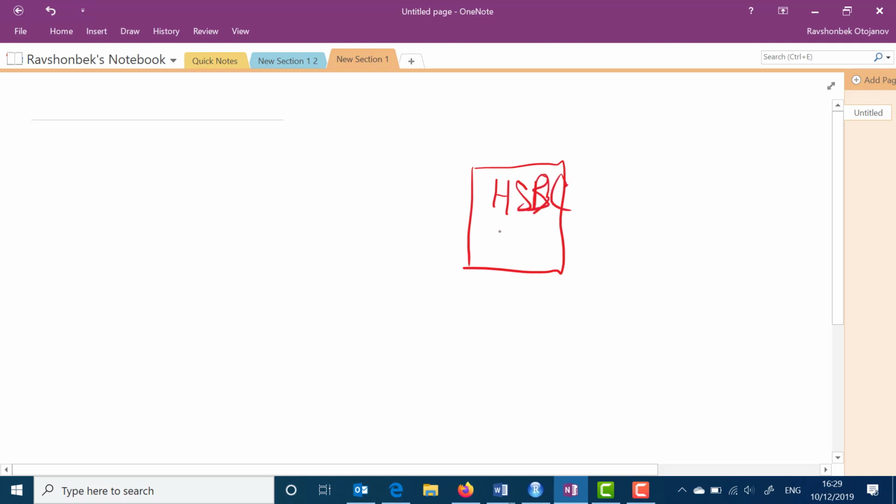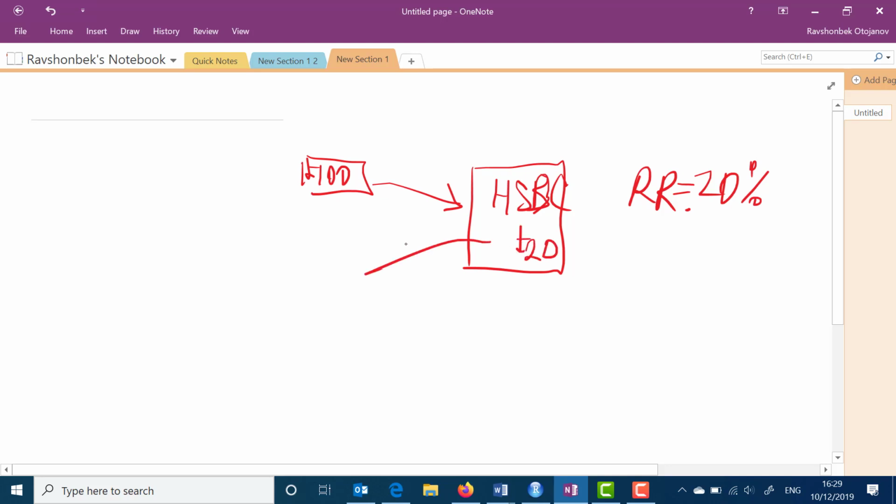Currently the reserve requirement is 20%, which means if you put £100 into the bank as a deposit, the bank withholds 20% of it, £20, and gives away £80 as a loan. Understood, guys?